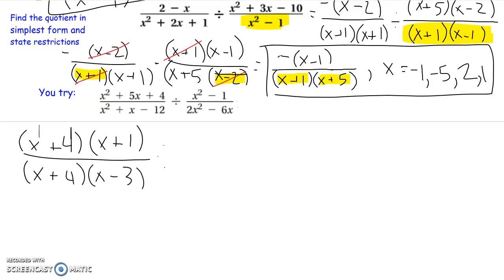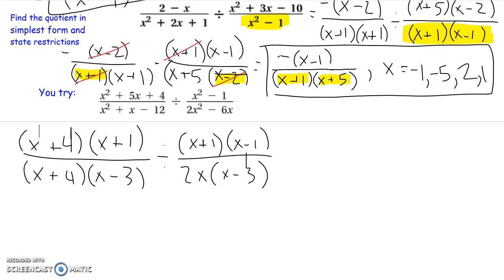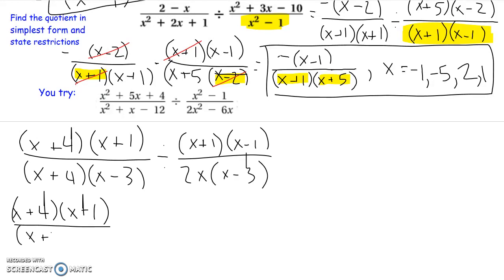And then we are dividing by the fraction, which can be factored as x plus 1 times x minus 1 divided by 2x times x minus 3. Then we know this really means we are multiplying by the reciprocal. So we have x plus 4 times x plus 1, divided by x plus 4 times x minus 3.